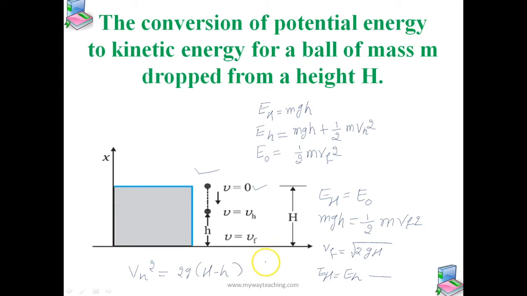Okay, and it is the familiar result from kinematics. At the height H, the energy is purely potential, and again it is converted to kinetic energy at height small h and fully kinetic energy at ground level. Okay, that is nothing but conservation of mechanical energy.